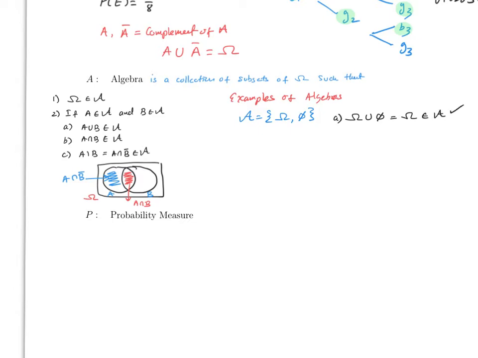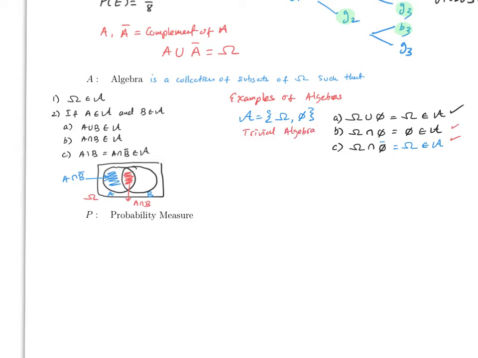So part A checks. Then part B, if we do the intersection of everything with nothing, you get the empty set, which also belongs to the algebra. And obviously, if we do omega intersect with the complement of the empty set, this is just omega again, which clearly belongs to the algebra. There is a reason why this is called the trivial algebra, because you're just using everything and nothing.